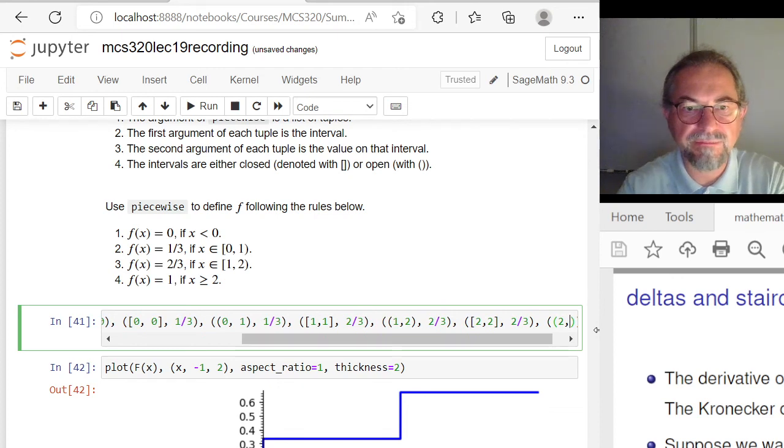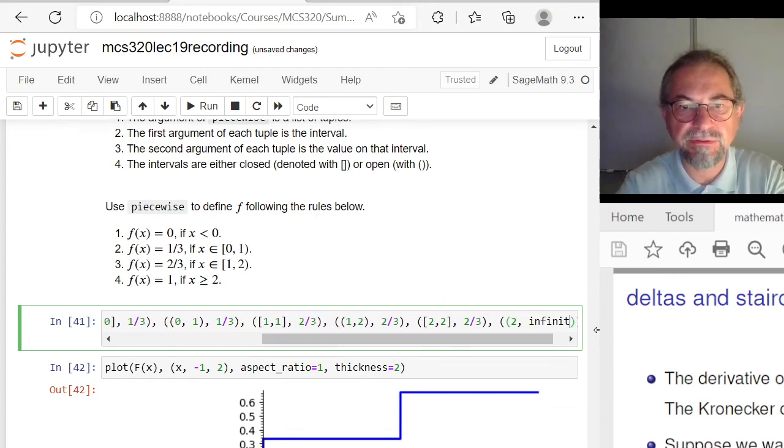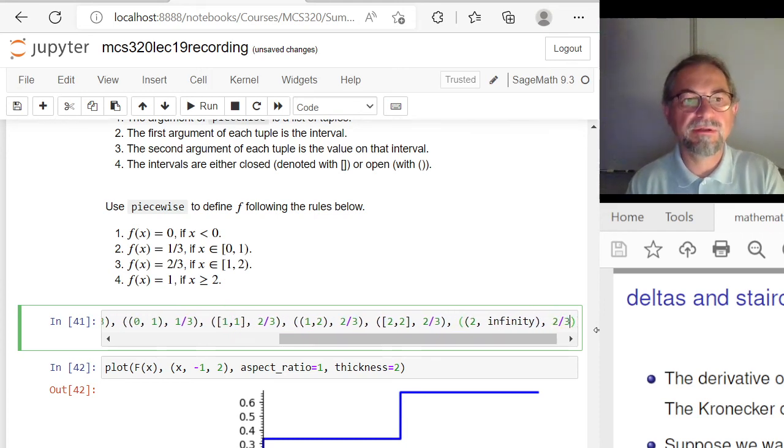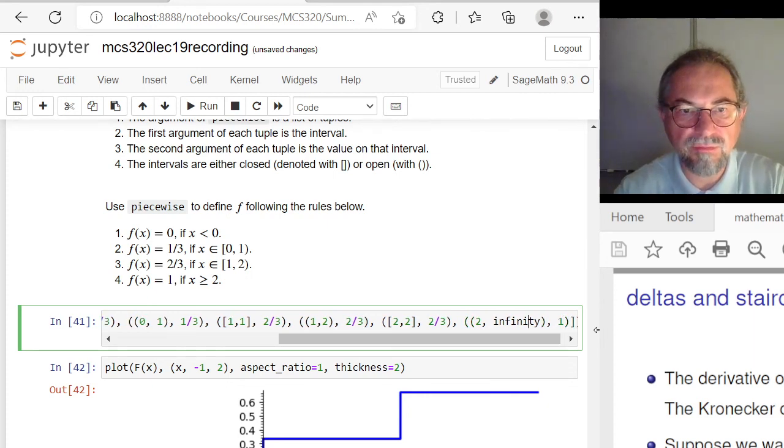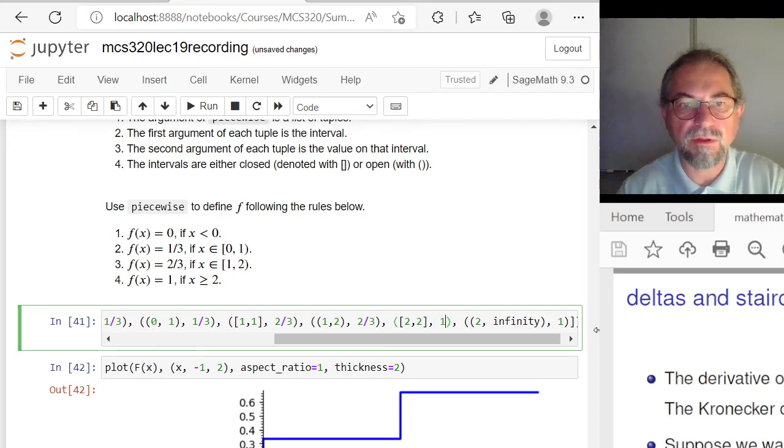half open interval starts from 2 to infinity, and there I have the value 1. So I have the value 1 here and the value 1 there. This is essentially rule 4.